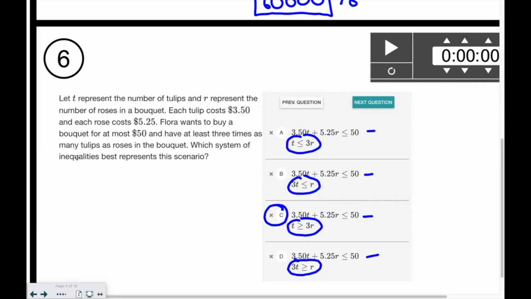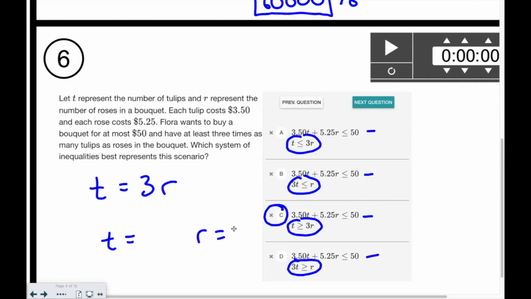Let's just say I have to have 3 times as many tulips as roses. That equation would actually be T equals 3R, because it's the roses that need to get multiplied by 3 so that it's equal to the tulips. You can think of an example: if I had 5 roses, then I would need 15 tulips to have 3 times as many tulips as roses.